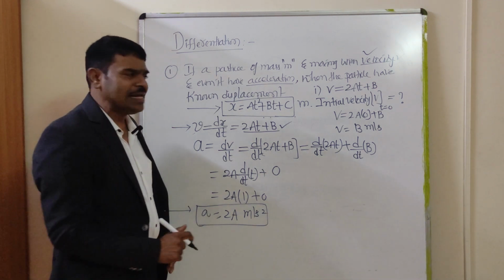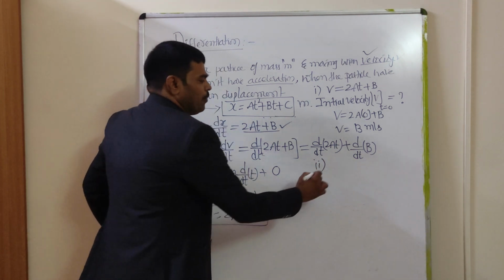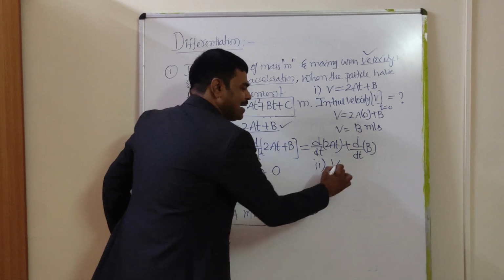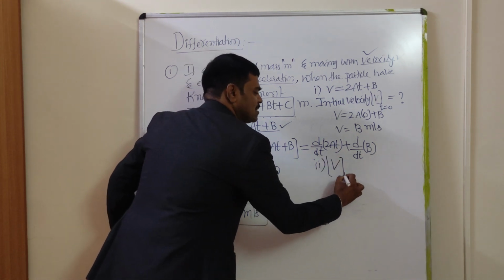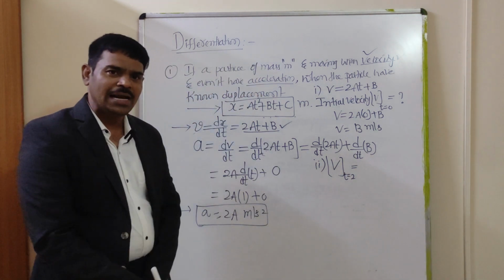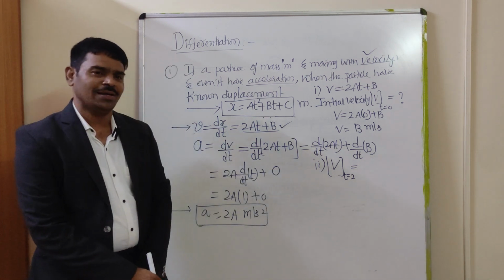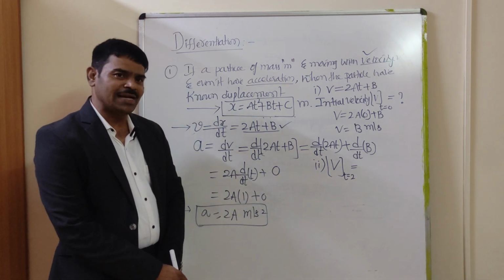Now, my next question is, try to observe here. I want the velocity at time t equals 2 seconds. When a particle traveled from one place to another place, at time t equals 2 seconds, what is the velocity of the particle? I think it is easy to understand now.